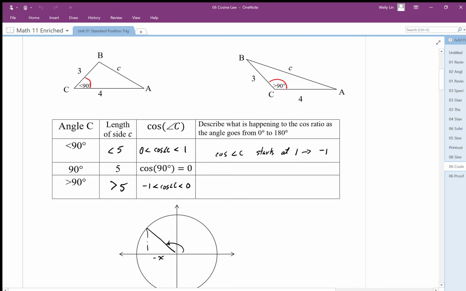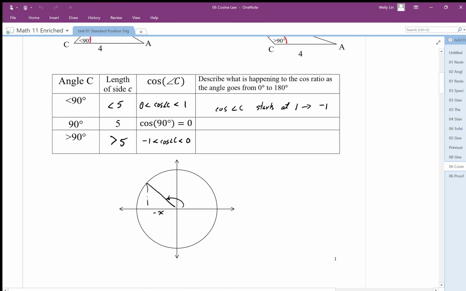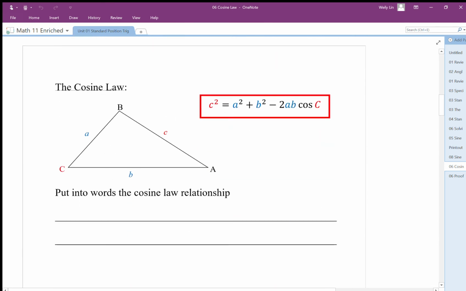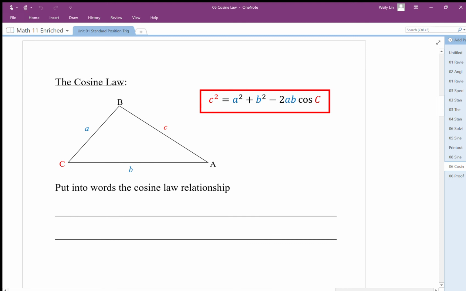And so the formula looks like this. It is basically the Pythagoras theorem, but it is a Pythagoras theorem for when the angle is not 90 degrees. When the angle is 90 degrees, the cosine of 90 is 0, so that term disappears and we're just left with Pythagoras' theorem.